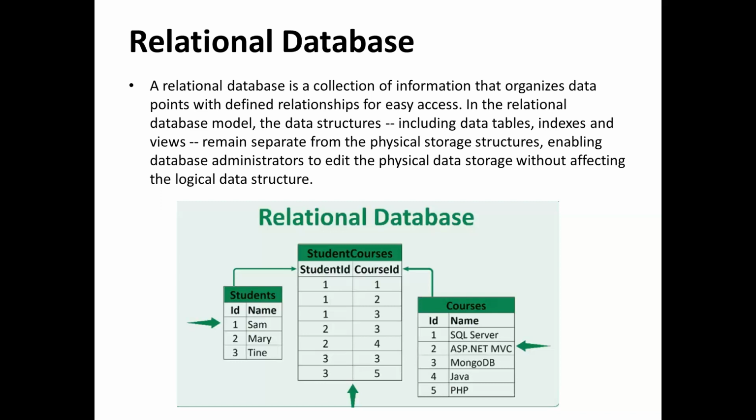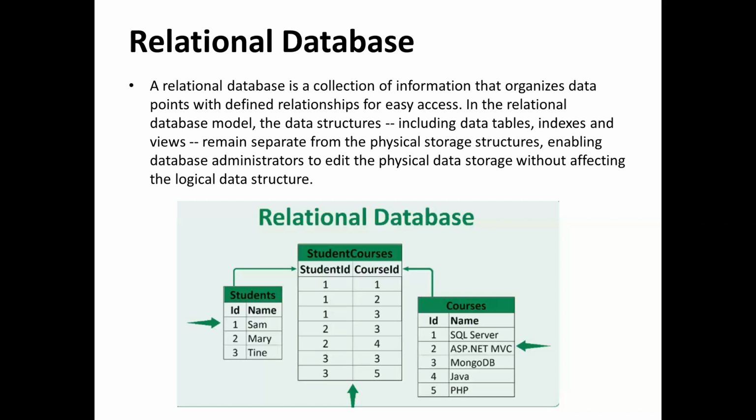All right, in the diagram you can see the student and course information. There are a couple of students and a couple of courses that the company offers. Which student has opted for which course, you see the way the data has been organized, right?